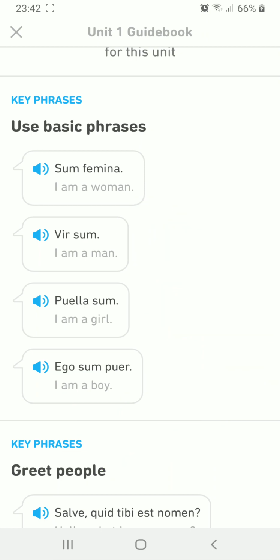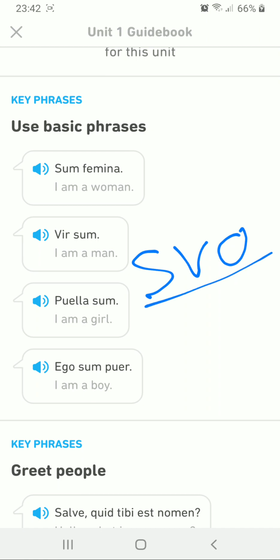And we can see that in the sentence order, you have the subject, the verb, and the object, but it can change. For example, in sum femina there is an absence of the pronoun, so there is no subject really.